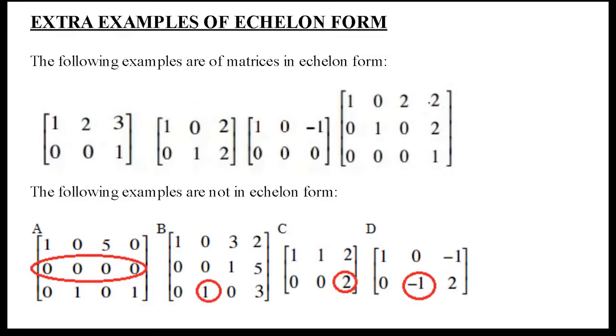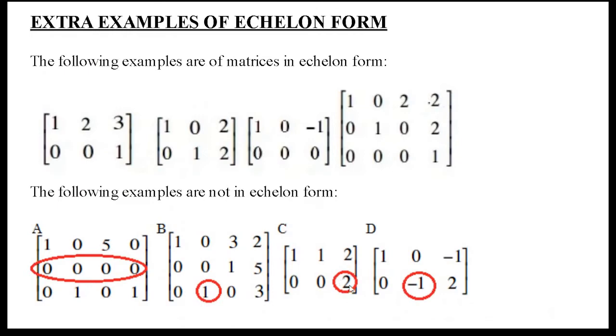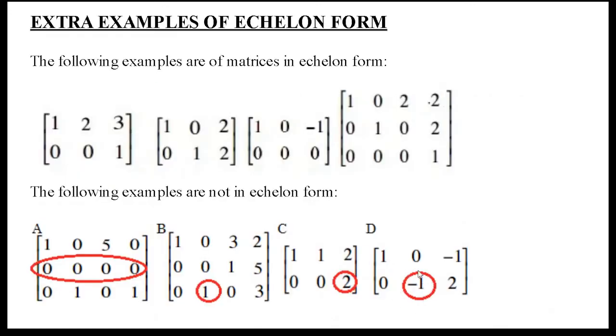And let us see matrix C. Matrix C has a 2 as a leading coefficient instead of 1. And matrix D is not in echelon form because matrix D has a negative 1 as a leading coefficient instead of 1.